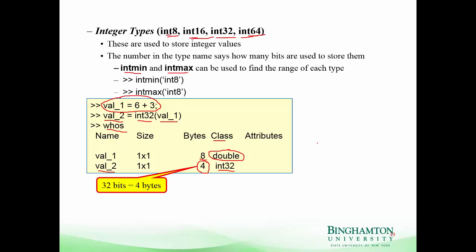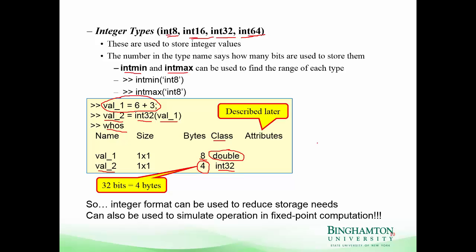So the bytes column tells you how much storage is required. The attributes column, we'll see that later. Neither of these variables have any attributes that need to be described. One use for the integer formats is that it reduces the storage needed if you truly are storing integers. But we can also use this to simulate the operation of our algorithms in fixed point computation.